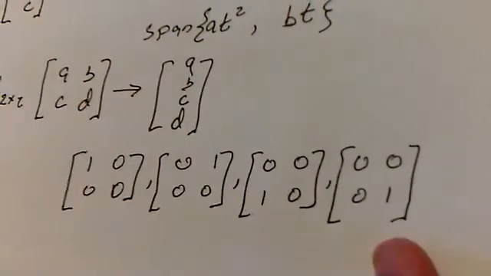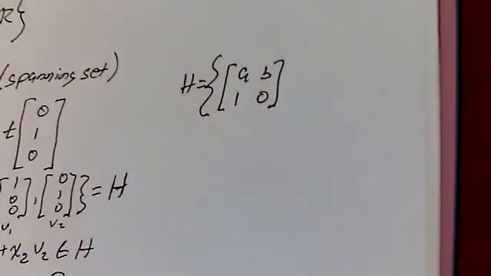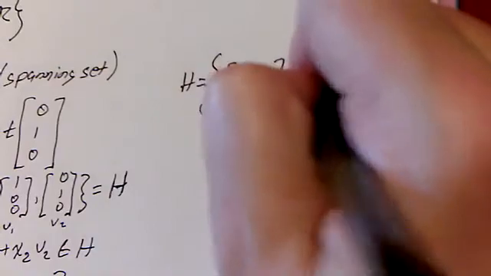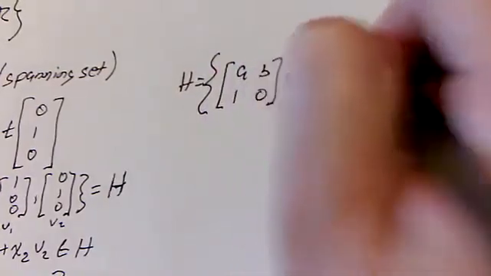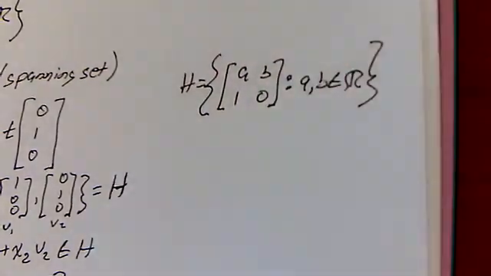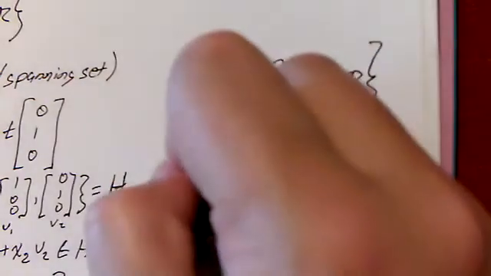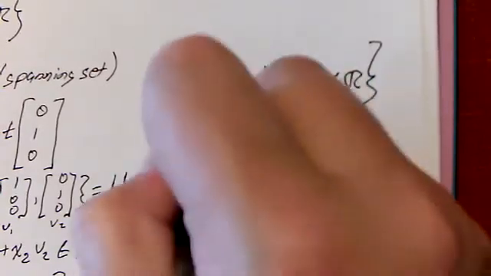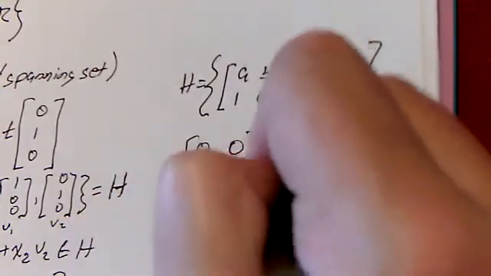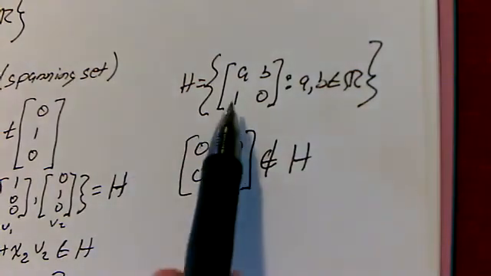We can also use these same ideas to help us figure out that something isn't a vector space. So let's say H is A, B, 1, 0. It's 2 by 2 matrices, where A and B are real numbers. Well, the problem here then is that the 0 vector is not an element of H because of this 1.